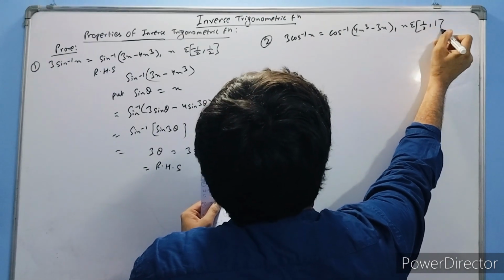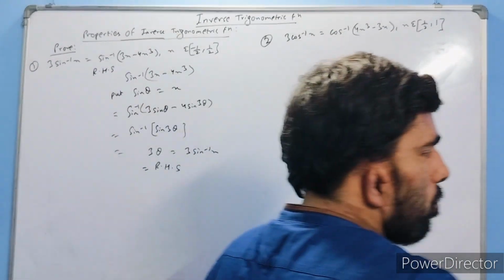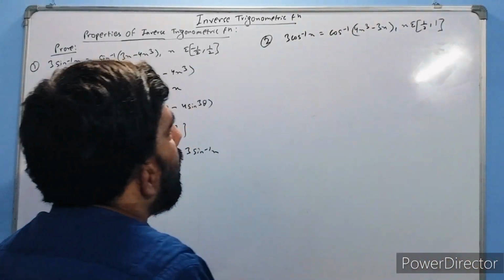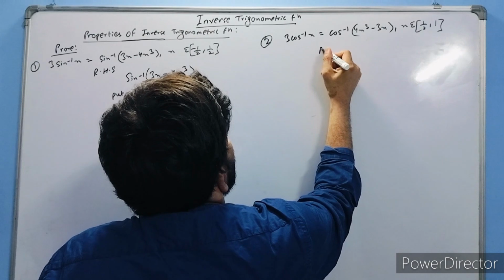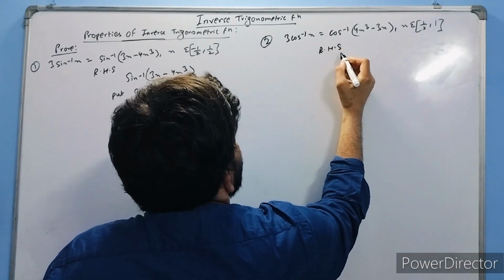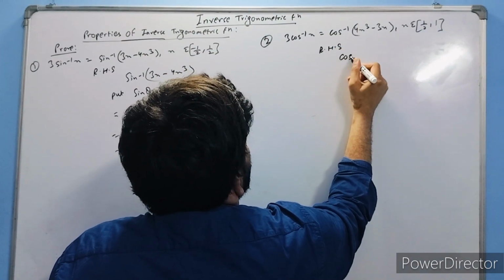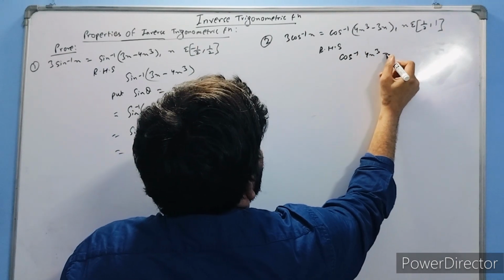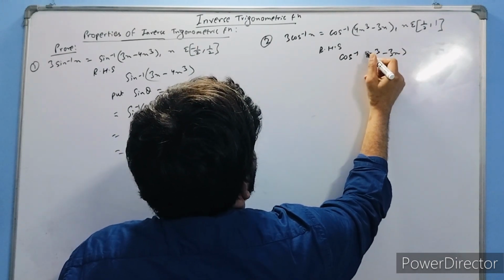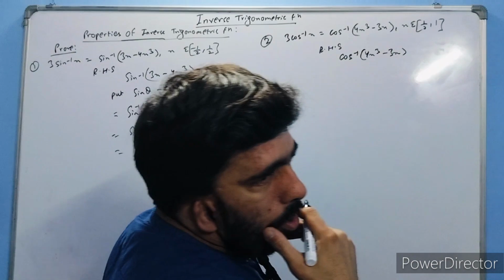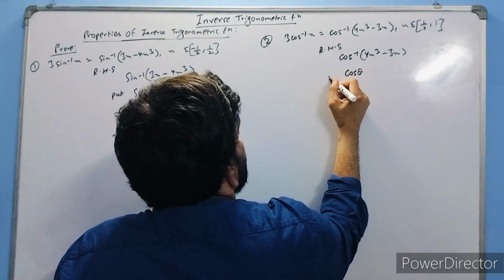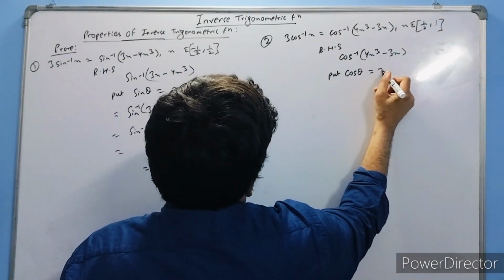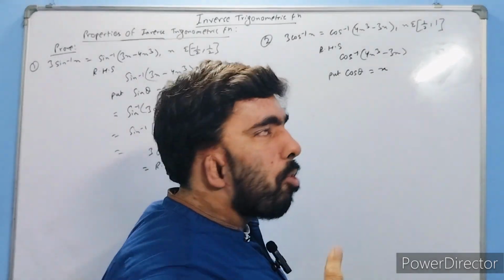Now here also we know the formula, so we'll solve the RHS first. What is RHS? Cos inverse 4x cube minus 3x. Okay, so what can we do here? Put cos theta is equal to x.